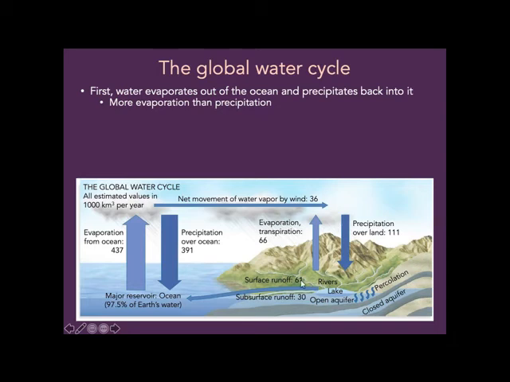Okay, so 61 kilometers cubed per year goes off the surface of the land into the water, but you should know that a lot of it is subsurface runoff. So some of that goes into lakes or just directly into the ground. It percolates through the soil into these kind of water storage areas underneath the land.